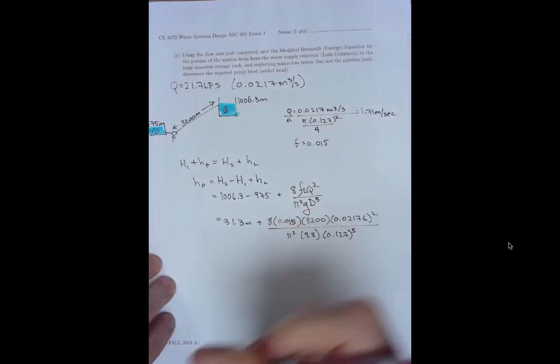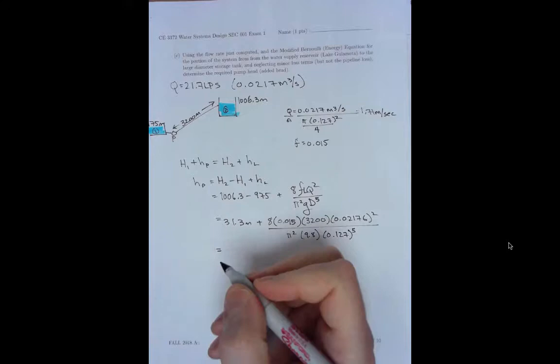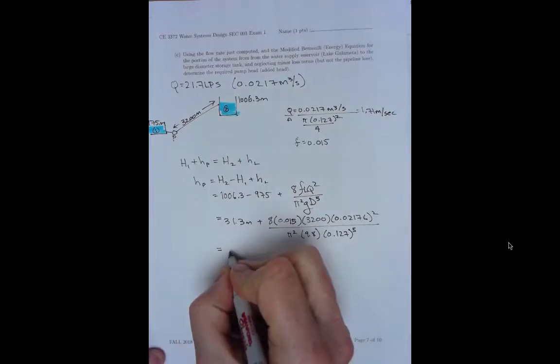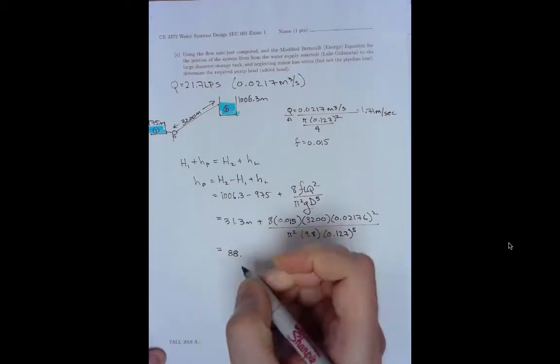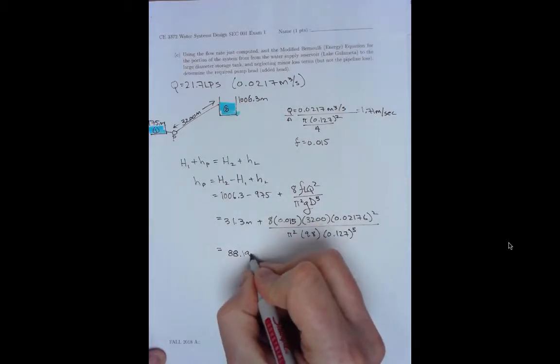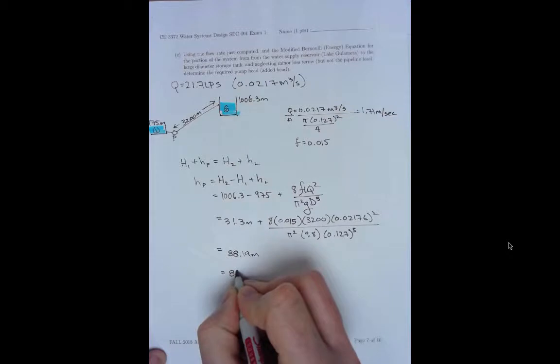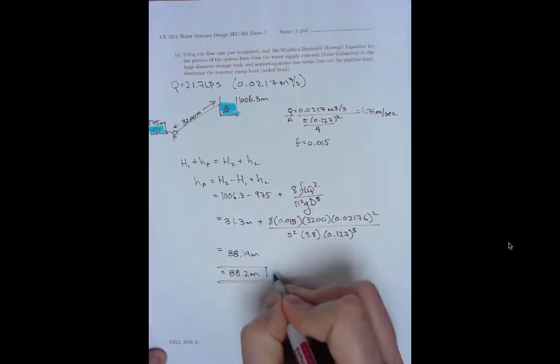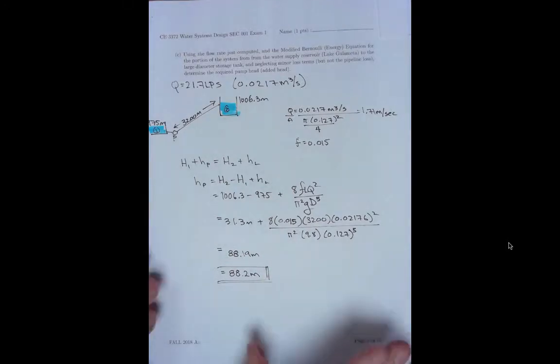And now we can complete our calculations. And doing so, we come up with 88.19 meters. Let's call it 88.2 meters. So that's the added head that we have to supply to the system for it to work.